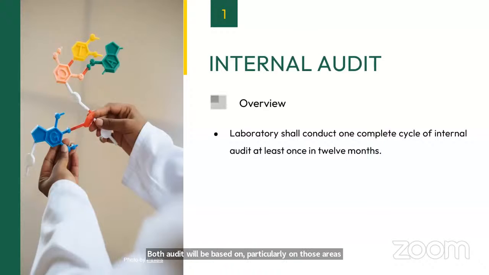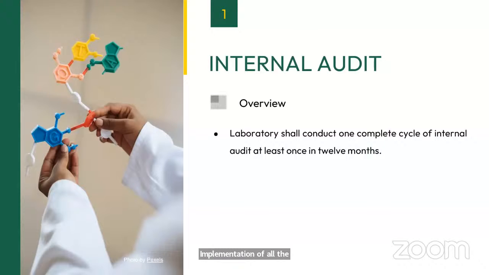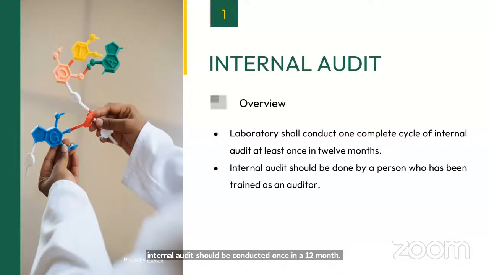So you may have more than one internal audit whenever you want assurance about the implementation of all the activities and all the procedures in your laboratory. As far as these guidelines are concerned, they mention that at least one internal audit should be conducted once in a 12 month period.